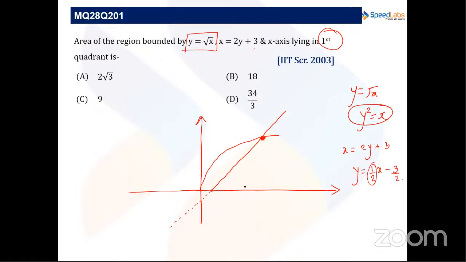We can find the point of intersection. Now y square equals to x, and x we are having 2y plus 3. So y square minus 2y minus 3 equals to 0. So that would be y minus 3 into y plus 1. So the point is y equals to 3.